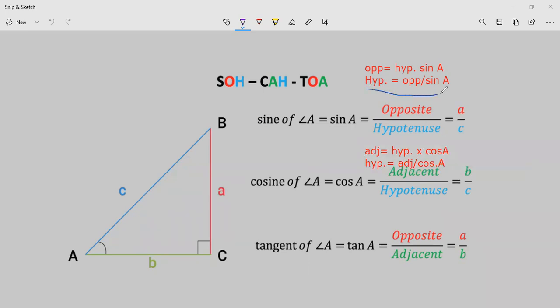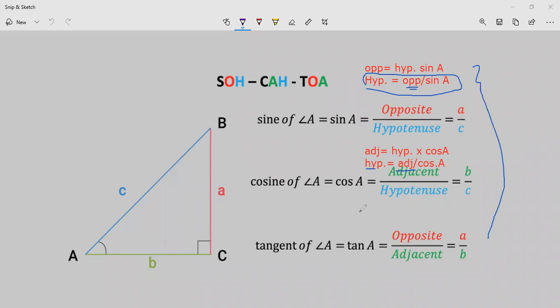If you need to find the hypotenuse and you have the opposite, you divide the opposite by the sine, and if you have the adjacent, you divide the adjacent by the cosine. So you need to know 9 rules.